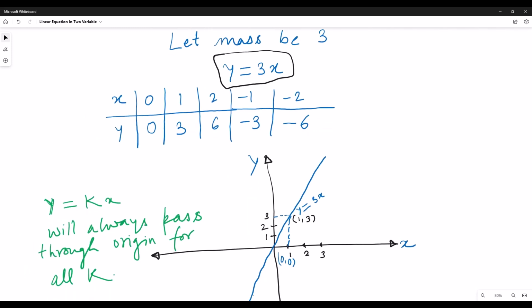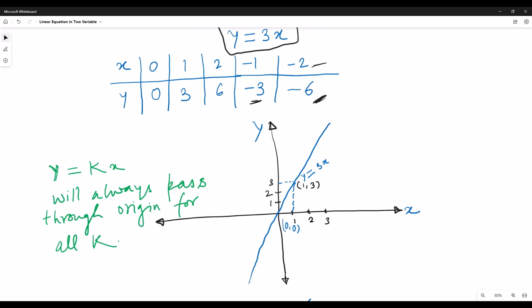For x equals 0, y is also 0. If x is negative, then y is also negative. If x is minus 1, then y is minus 3. If x is minus 2, y is minus 6. And likewise, if x is 1, then y is 3. If you plot this, then this will be the graph.